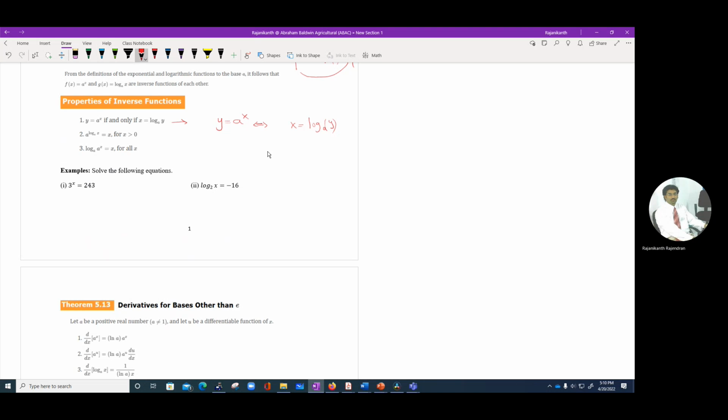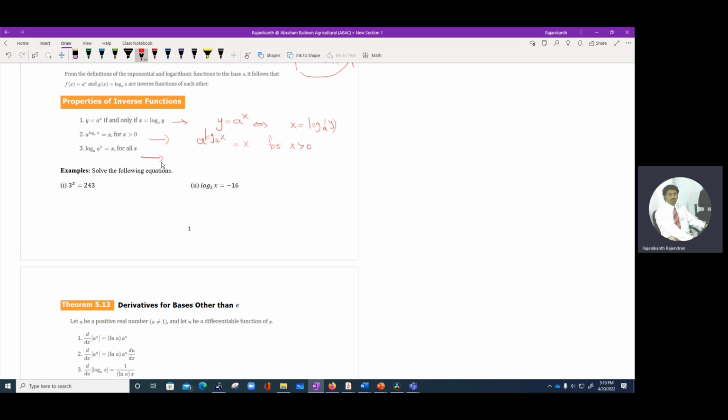Property number 2 says for any real number a, a to the power log with that base a of x is all the time equal to x. This is true for any x which is positive.